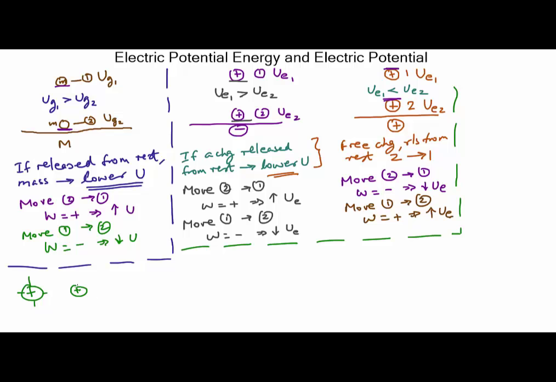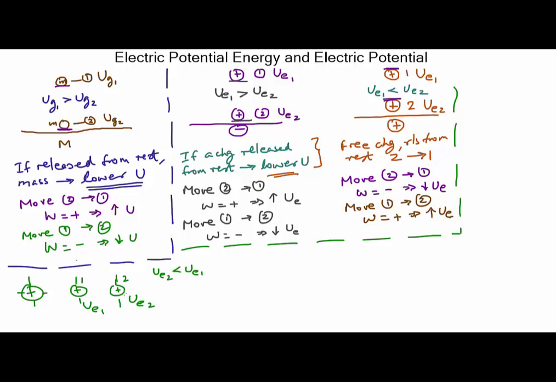So if I've got a location for this charge here and another location for this charge here, and let's number these points as 1 and 2, you now know that UE2 is less than UE1. That's based on this fact that if I release a charge from rest, it's going to fly to a position of lower potential energy.